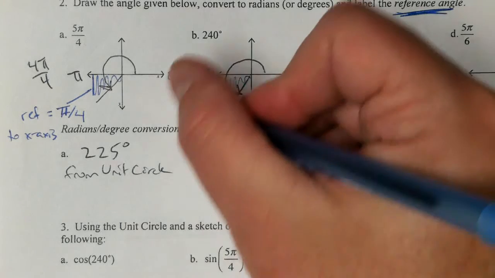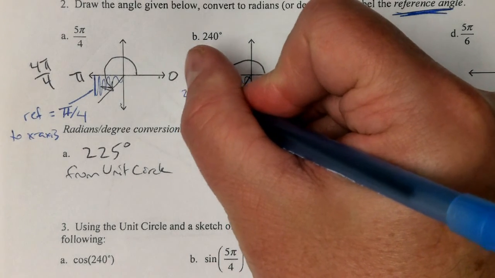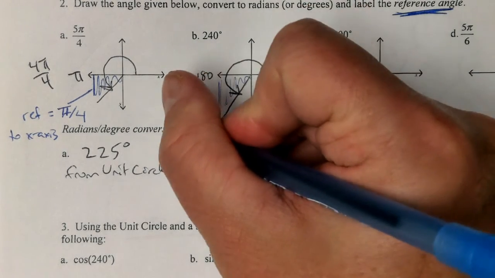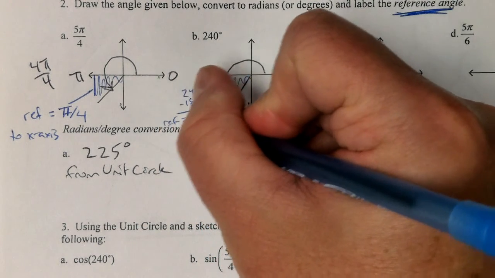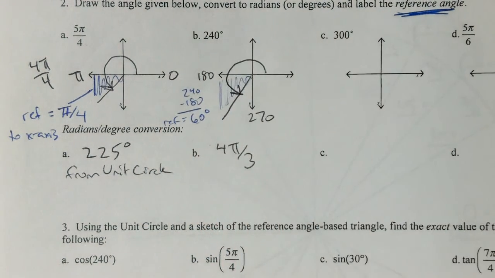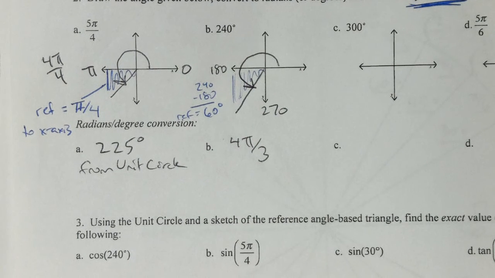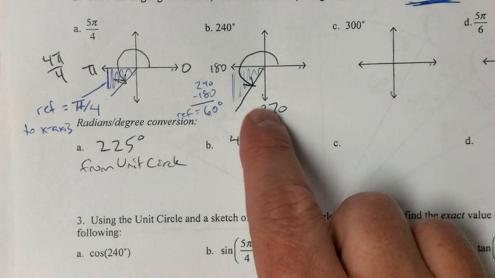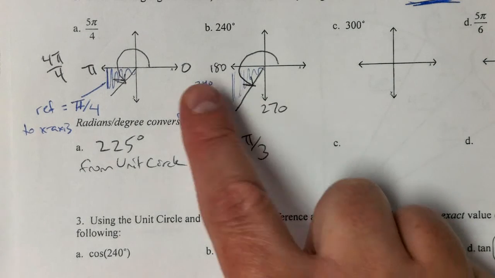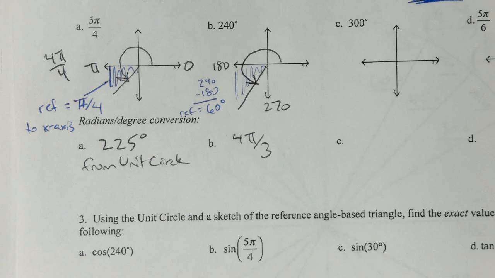So to get that, we do 240 minus 180. So your reference is 60 degrees. It's not this part that's 30. It's that part that's 60.